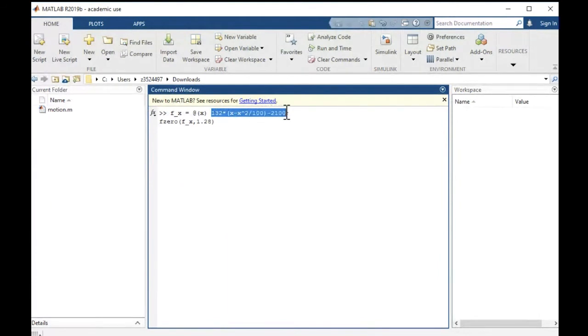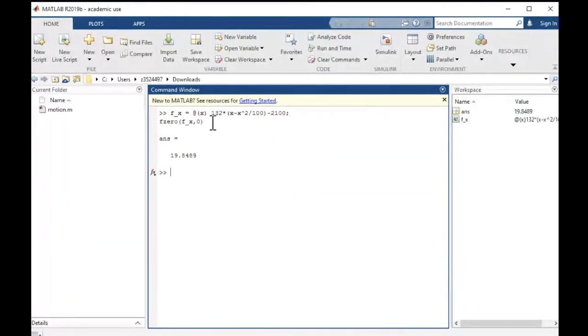My function is my Greenshields model, which is kj multiplied by u minus u power 2 over free flow speed, minus 2100. To find the root of this equation, I can use fzero and I need to give it an initial answer, right? For example, I start with 0 as the initial answer. Let's see what it gives me.